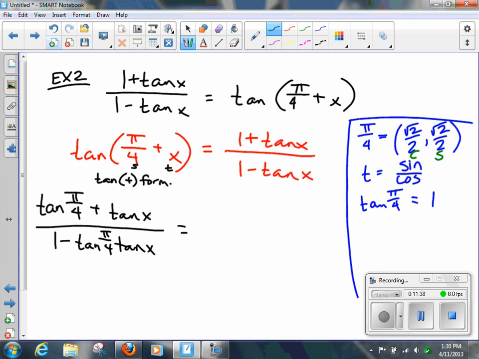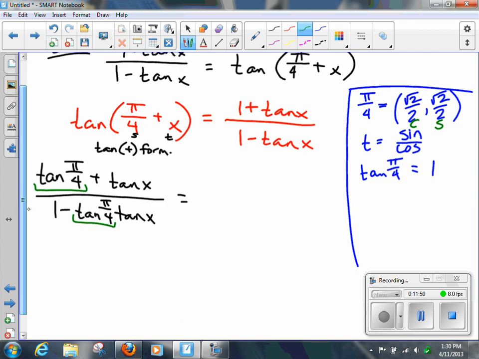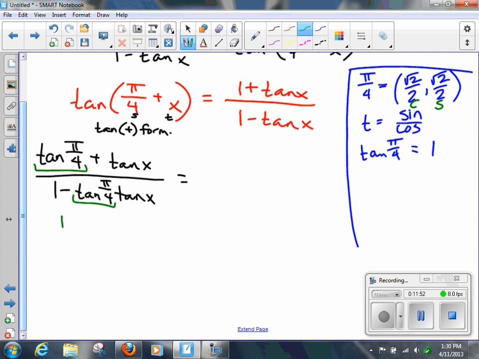Now, do we have enough information that we can substitute things? Yeah, we know the tangent of pi over 4 is what? 1. So everywhere I see tangent of pi over 4, I'm going to replace it with 1.